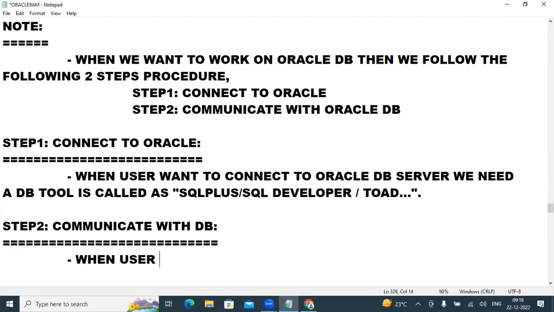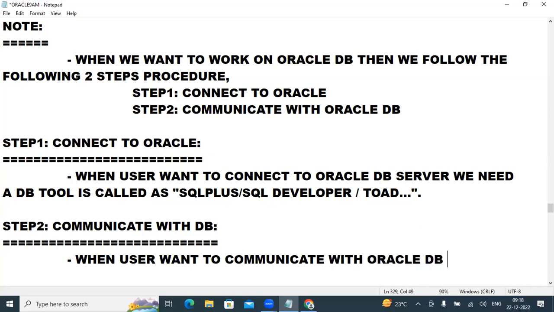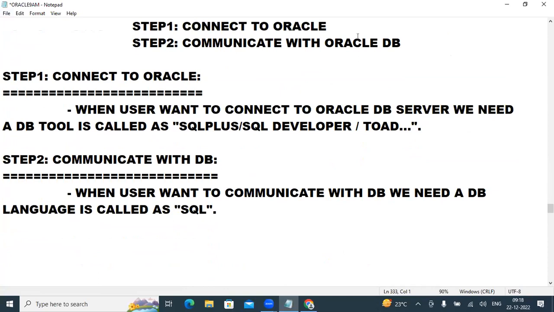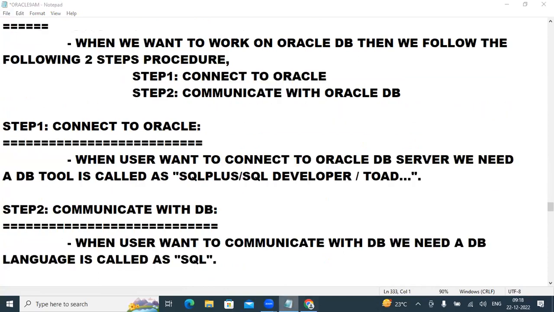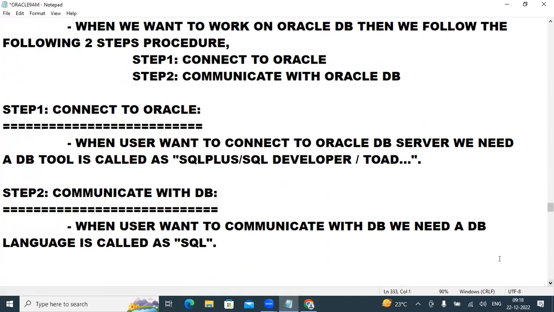When a user wants to communicate with the Oracle database, we need a database language. That language is called SQL. So these are the two things we require, guys, whenever you want to work on your Oracle database server. Got my point now?